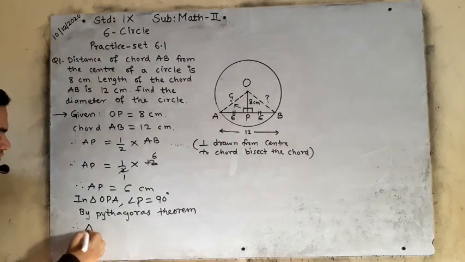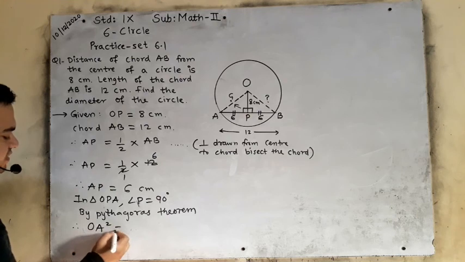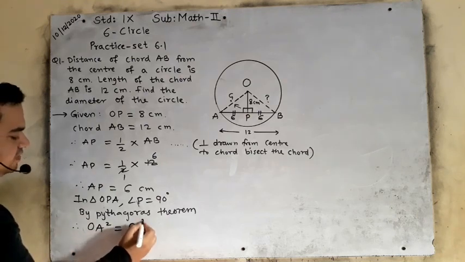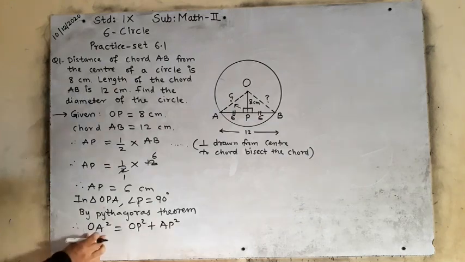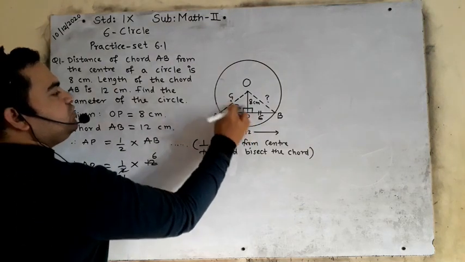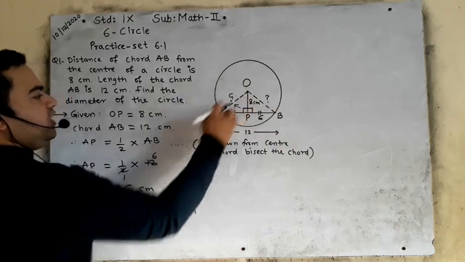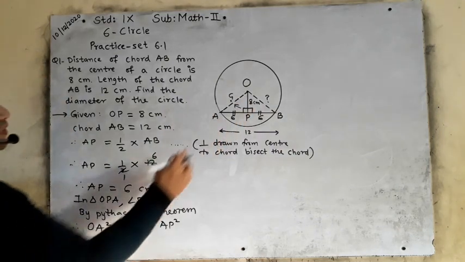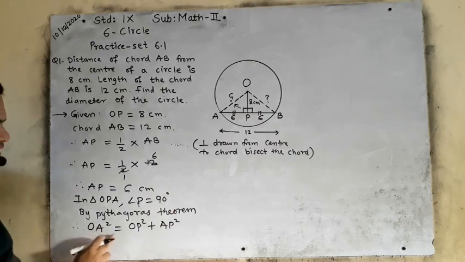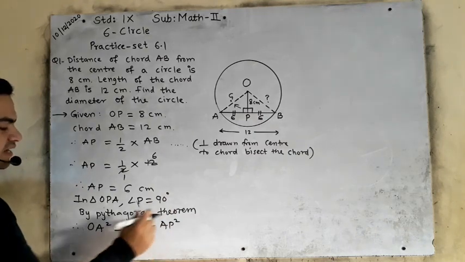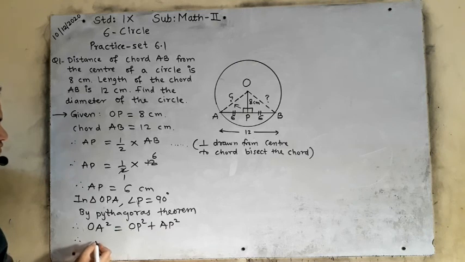Therefore, here OA square is equal to OP square plus AP square. OA is the hypotenuse, opposite the right angle; OP is side 1 and AP is side 2. OA is not given, so we will write it as it is.